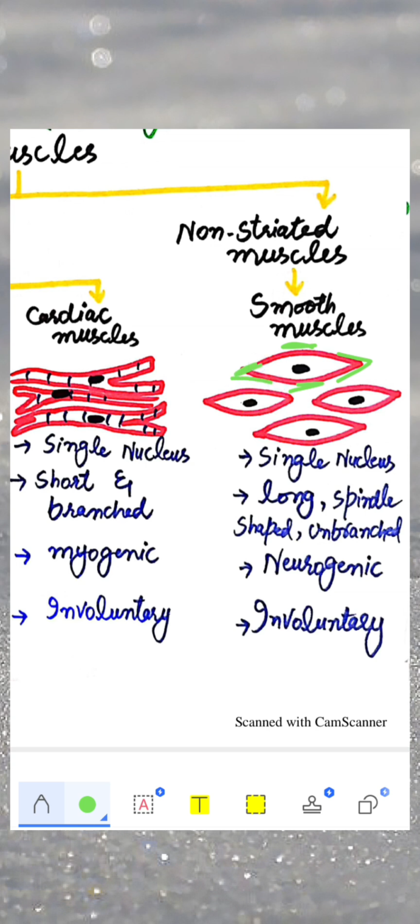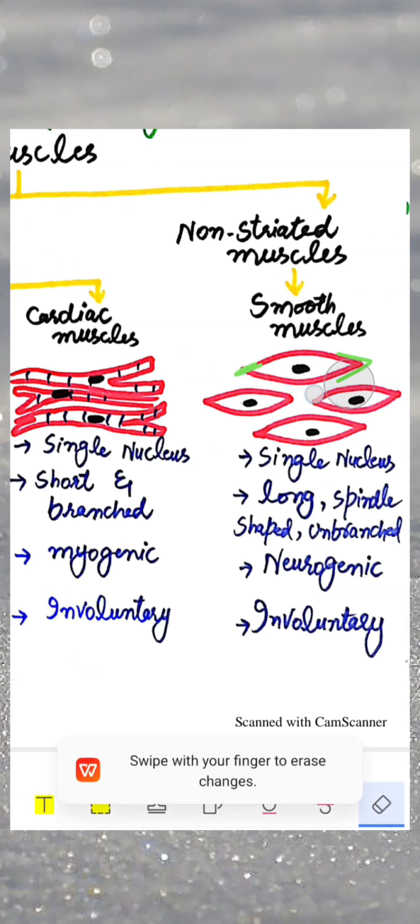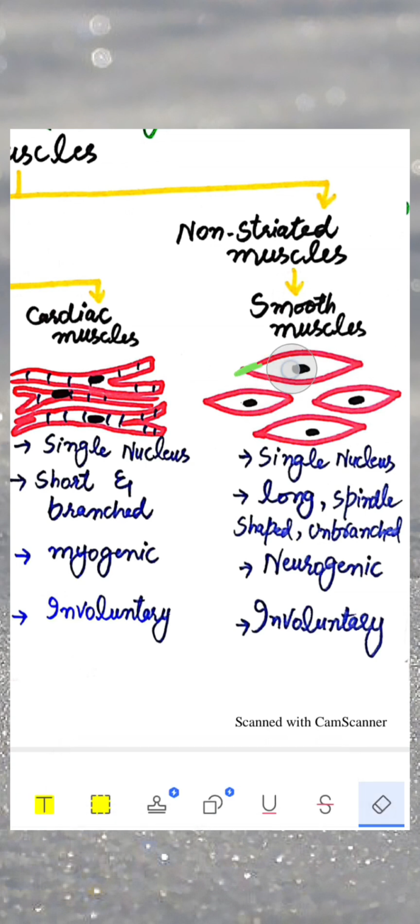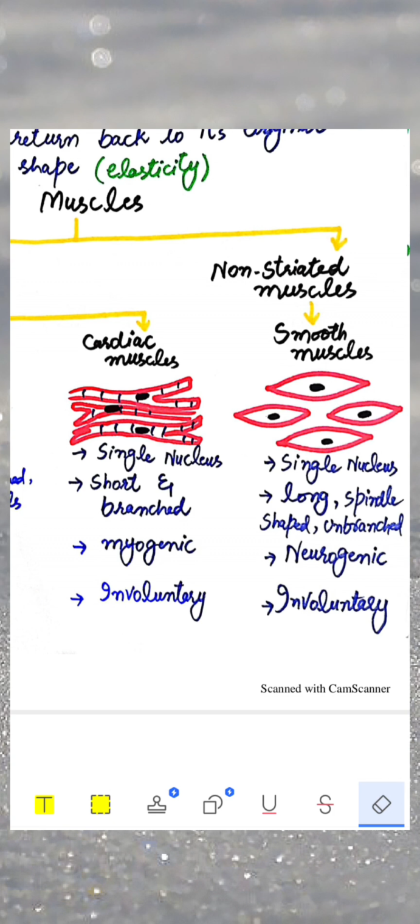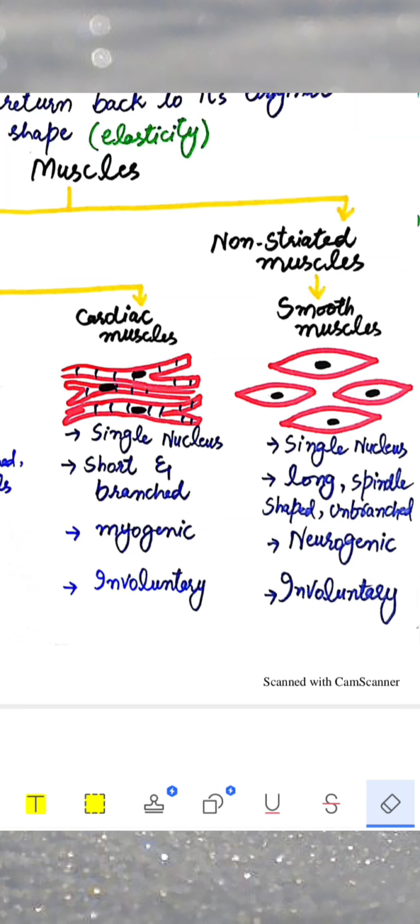So this is the spindle shape muscle. And these are unbranched. You would not see any branches, as the branches are found in the cardiac muscles, but those are not found in the smooth muscles. These are neurogenic in nature, means they are working under the action of a nerve impulse. And these are involuntary in nature, not working under the conscious control.